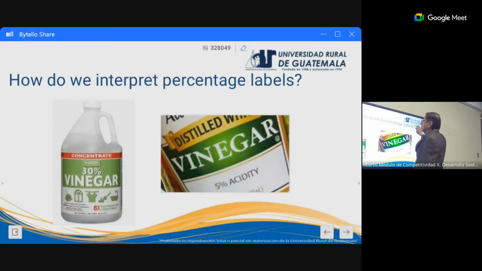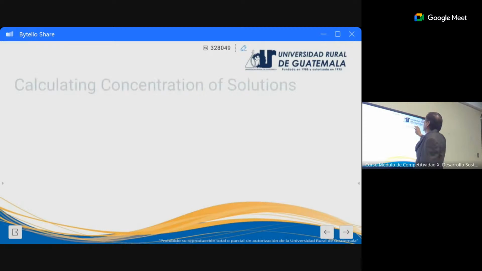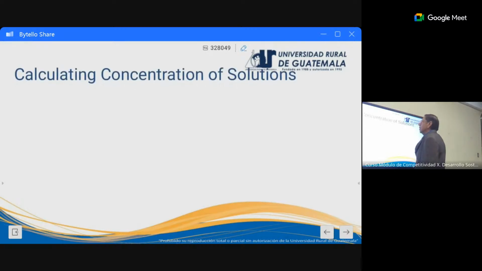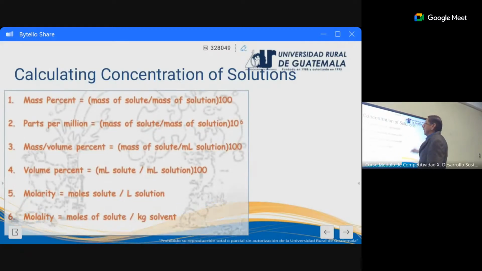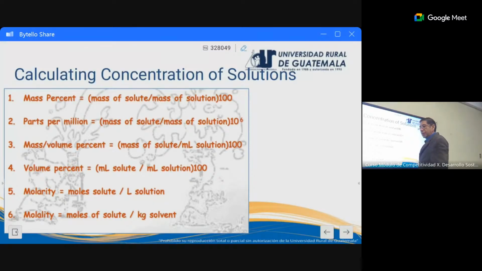Now let's continue analyzing more information here that we need to learn, and we're going to see how to calculate concentration of some solutions. And we have this list of formulas here. The number one, that is a mass percent that we're going to write like this one.